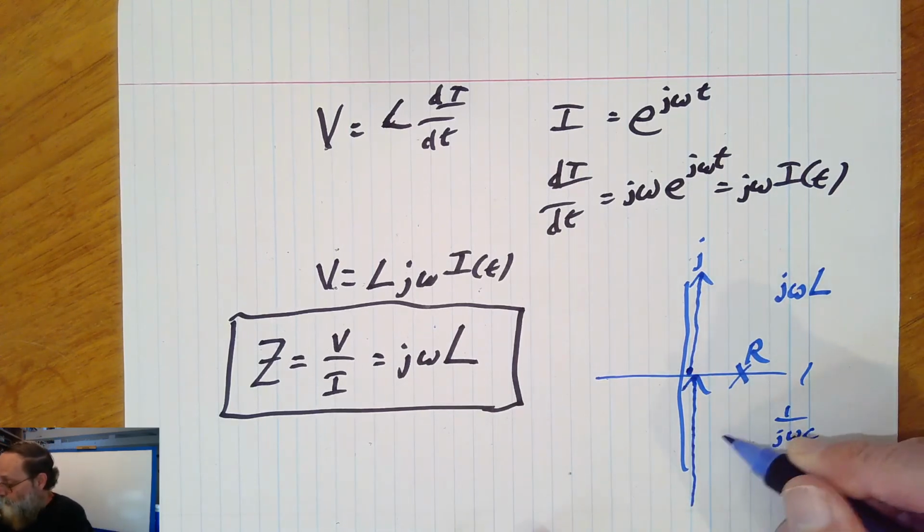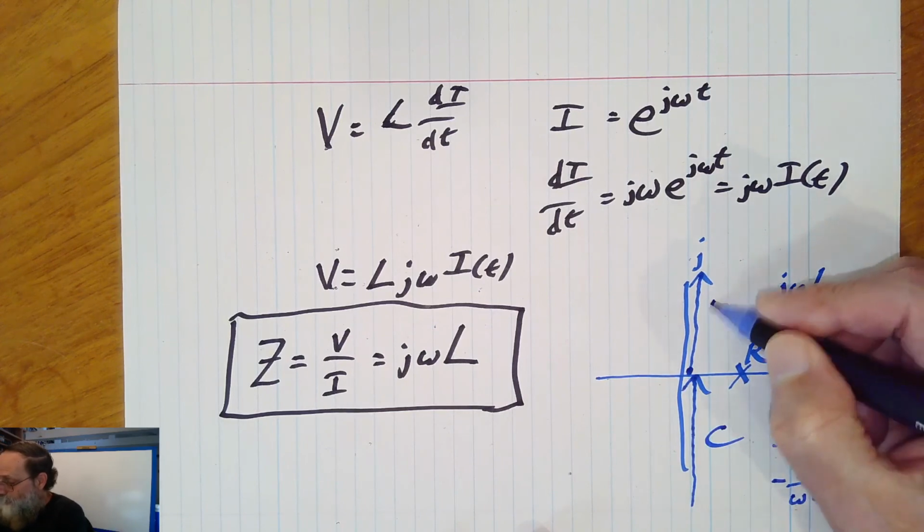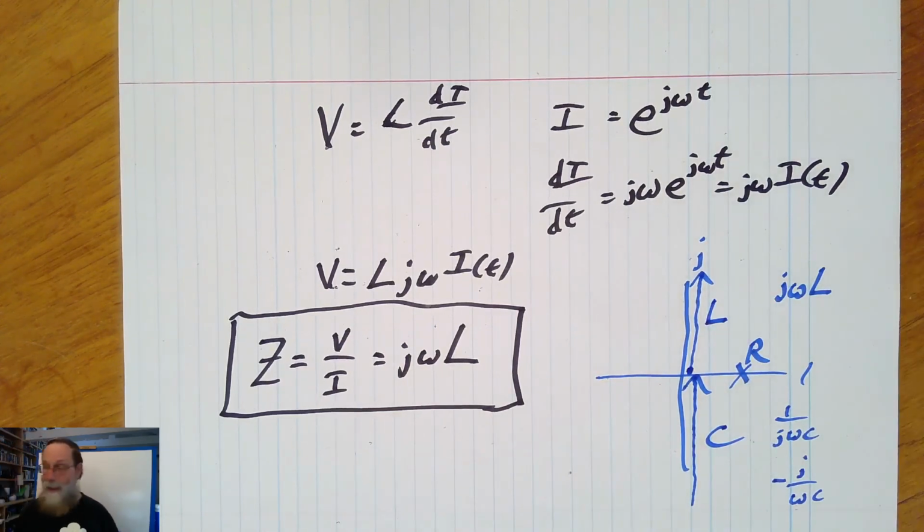So these are capacitors down here, inductors up here, and on the positive axis, resistors. Notice that as we increase frequency, we're always moving up in the complex plane, whether we're talking about capacitors or inductors. Okay, I think that's enough for today's video.